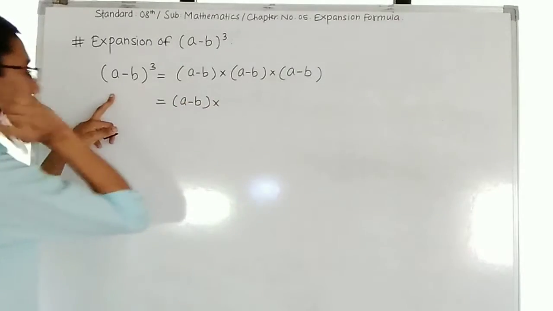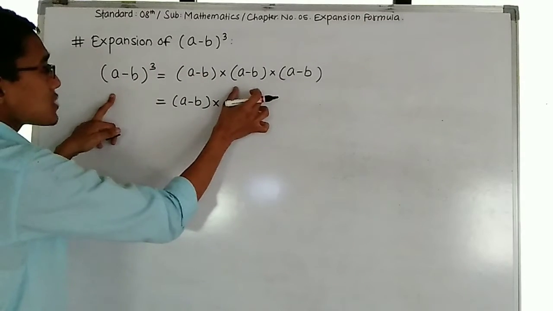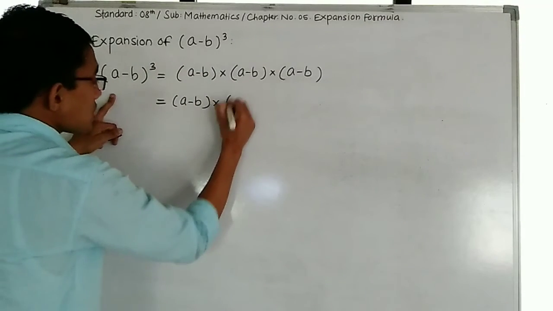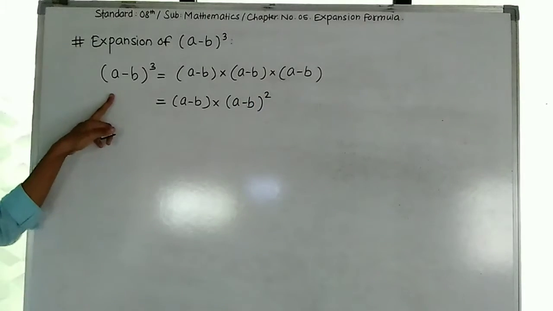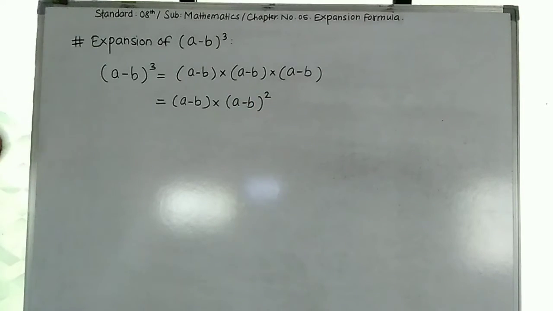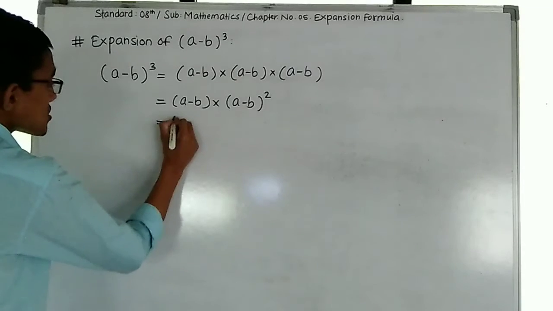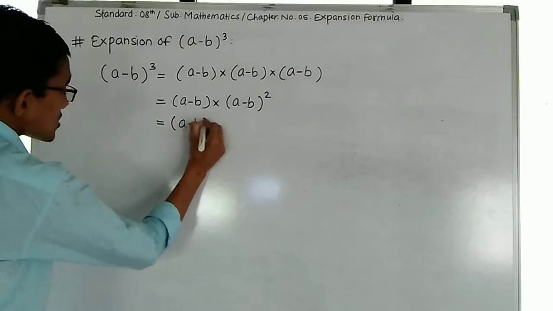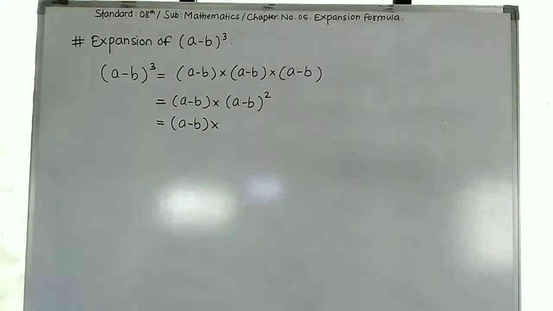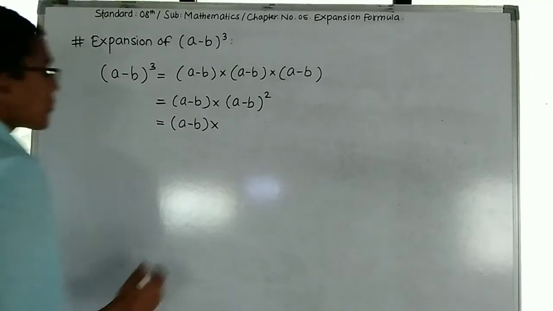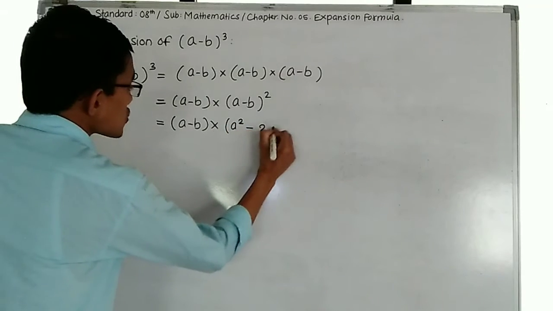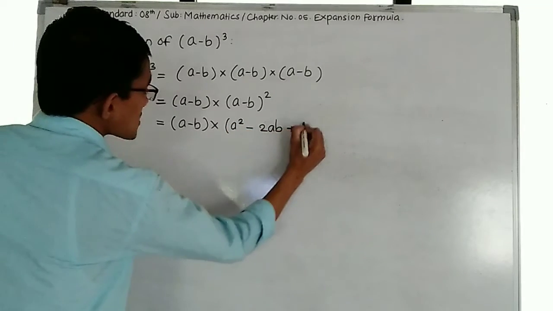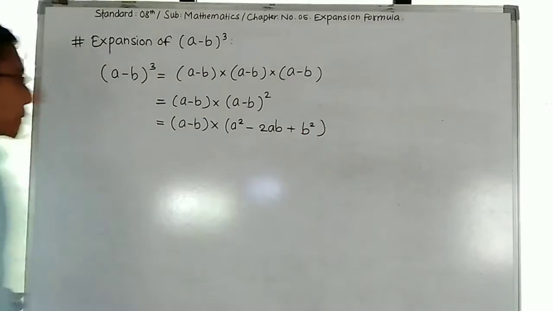Now (a minus b) into (a minus b) is nothing but (a minus b) raised to square, and we know the expansion of this. So (a minus b) as it is into, what is the expansion of (a minus b) raised to square? We have seen in our previous lectures, it is a square minus 2ab plus b square.